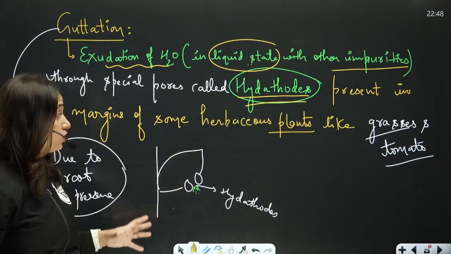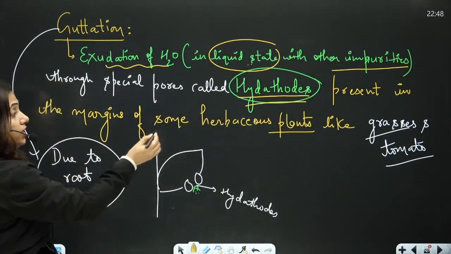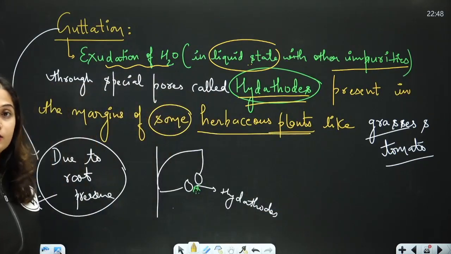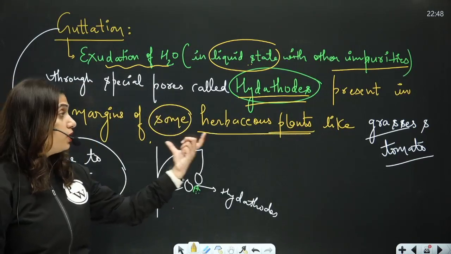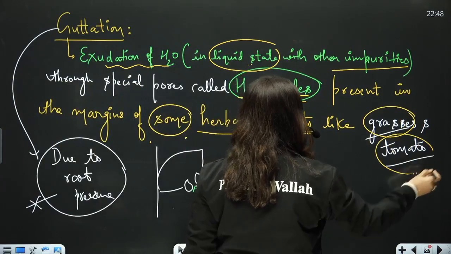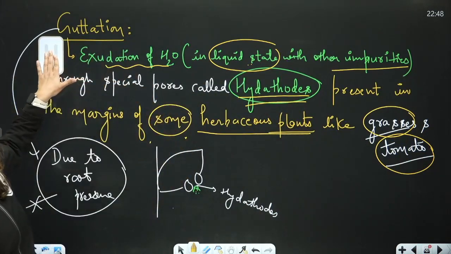But these hydathodes are not present in all plants. They are present only in some herbaceous plants like grasses and tomato. This is very important: the process of guttation is not found in every plant.